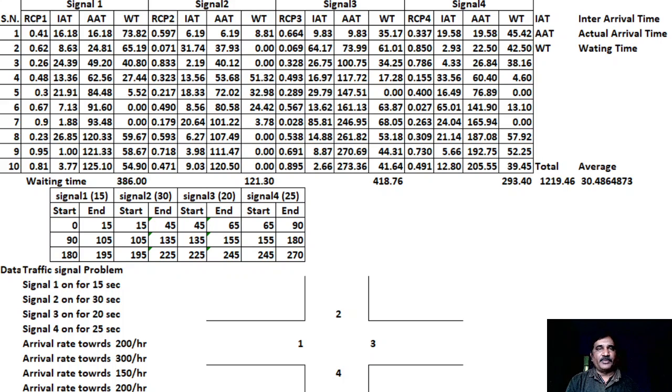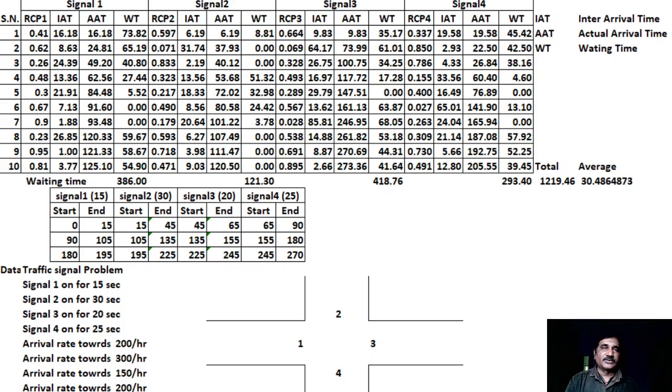Likewise, you will find the actual arrival time for all the sections. And once you get the actual arrival time, when the vehicle gets through the signal will give you the waiting time.